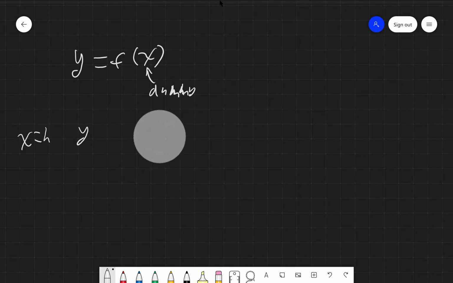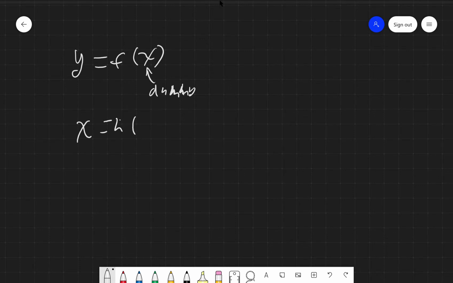Let me rewrite this, sorry. So now x is equal to g of t, while y is equal to h of t. Now t is the dummy variable, while x and y are dependent on t. So we set t equal to this, and then x and y will be defined by that.